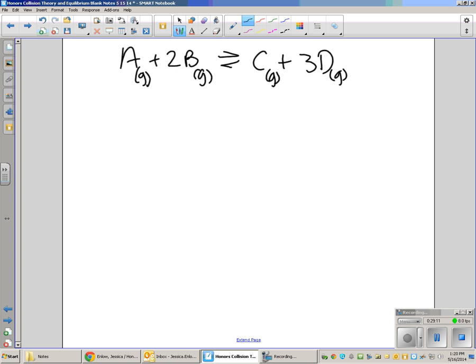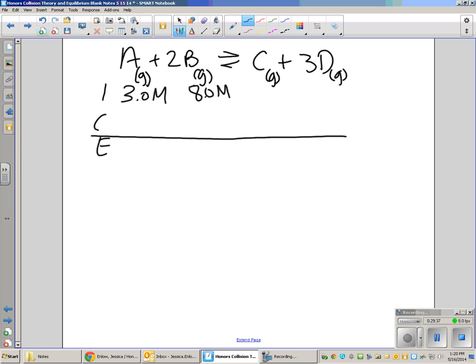What is the KEQ if initially the concentration of A was, so what am I going to write now? Icebox, right? Leave yourself some space always underneath your BC. The initial concentration of A was 3.0 molar. B was 8.0 molar. And at equilibrium, 2.0 molar of C is produced.